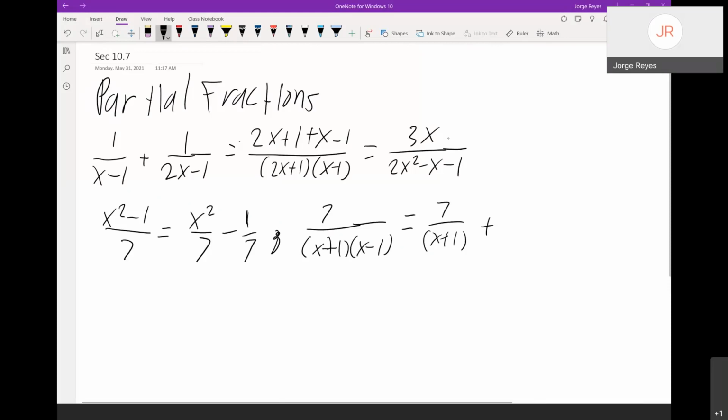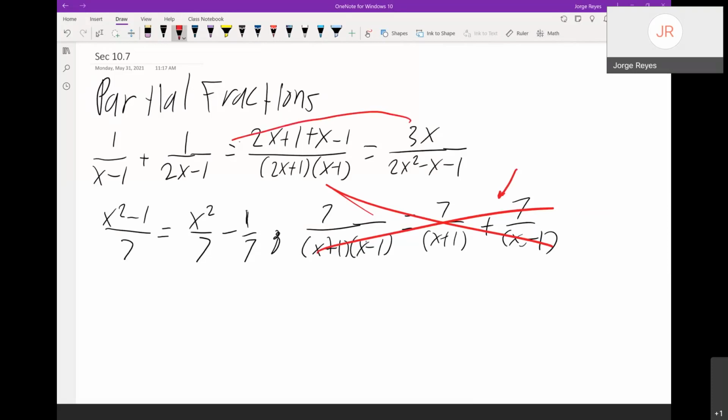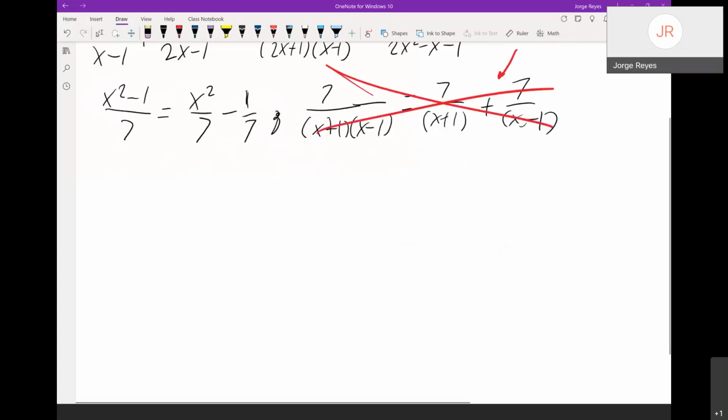This does not work. Or I mean, we cannot split the denominator. We would like to be able to do something like this though. Or go backwards. If I have this thing, can I go back to splitting it?